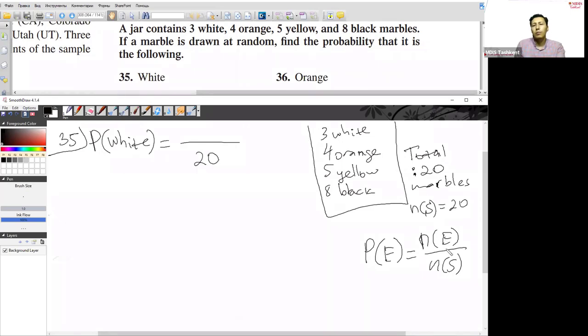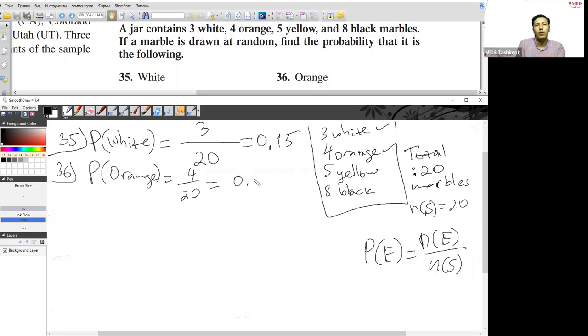And on the top, we have to write the number of what? White marbles. How many white do we have? 3. So it is 3 out of 20, or it is 0.15. 36. Orange. How many orange? We have 4 orange. So 4 out of 20. So 0.20.